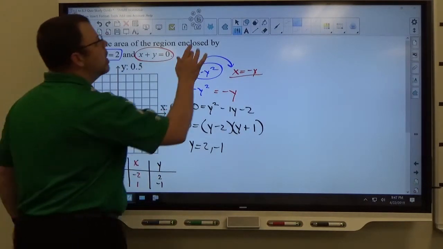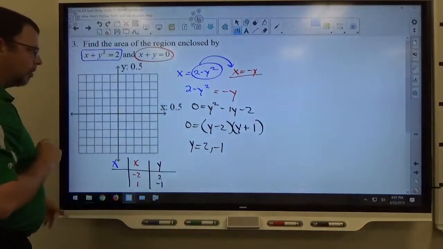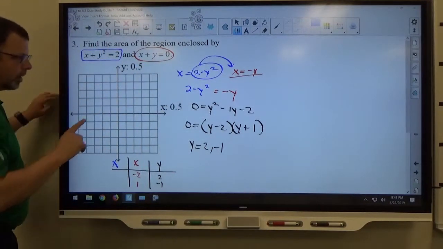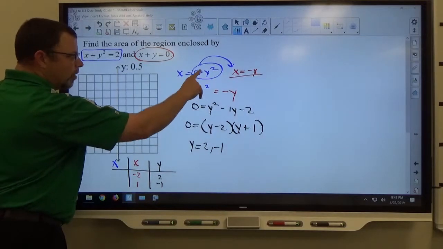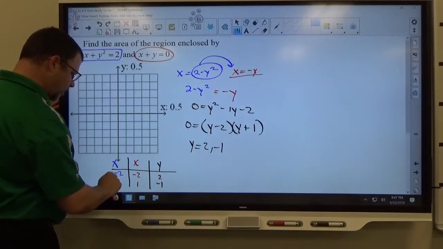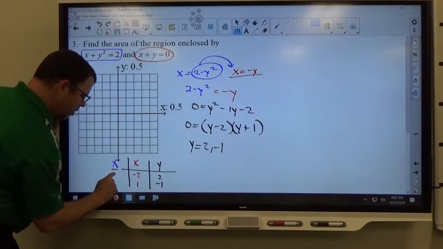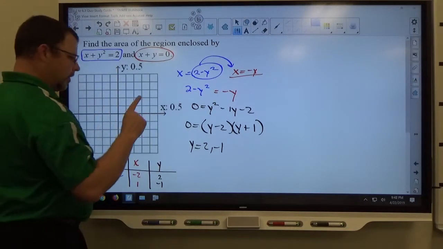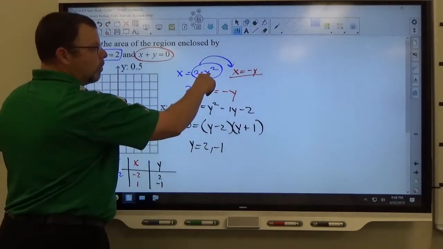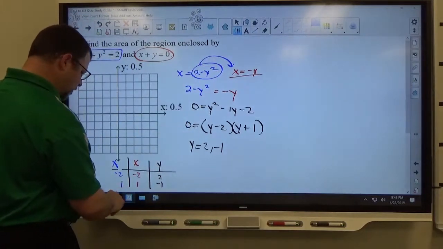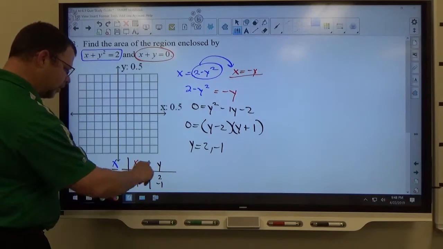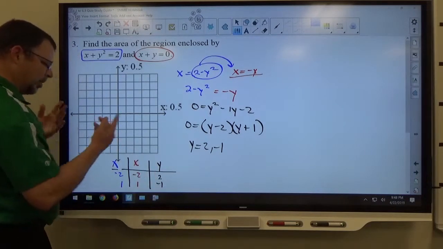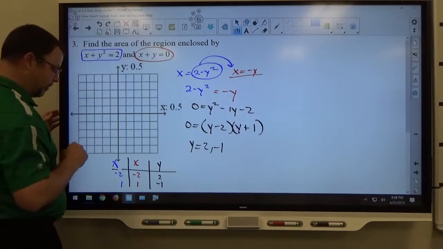For the blue function, 2 minus y squared, if y is 2, 2 squared is 4, 2 minus 4 is negative 2. And if y equals negative 1, negative 1 squared is 1, 2 minus 1 is 1. You can see 1, negative 1 blue, 1, negative 1 red, negative 2, 2 blue, negative 2, 2 red. So the points of intersection are what we anticipated.